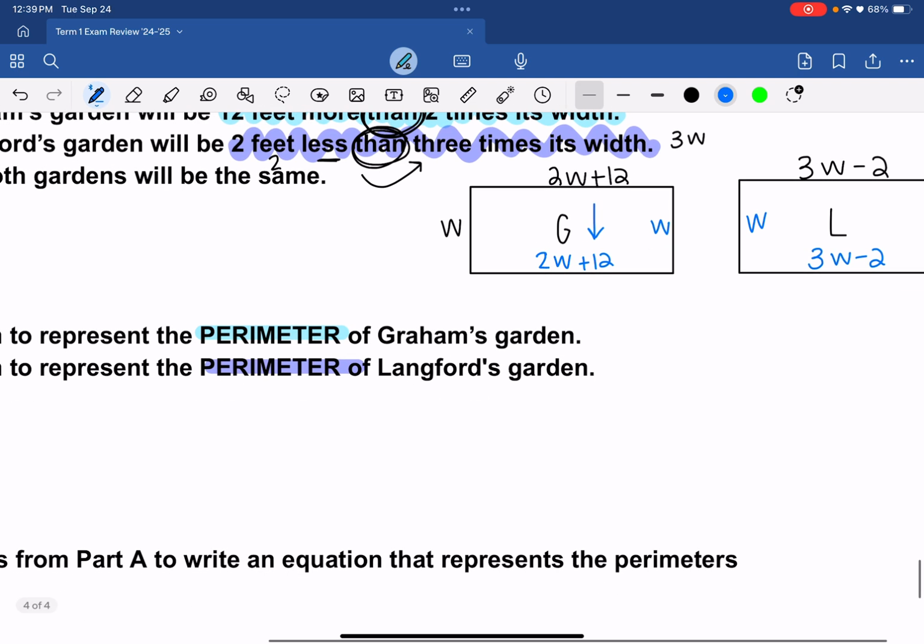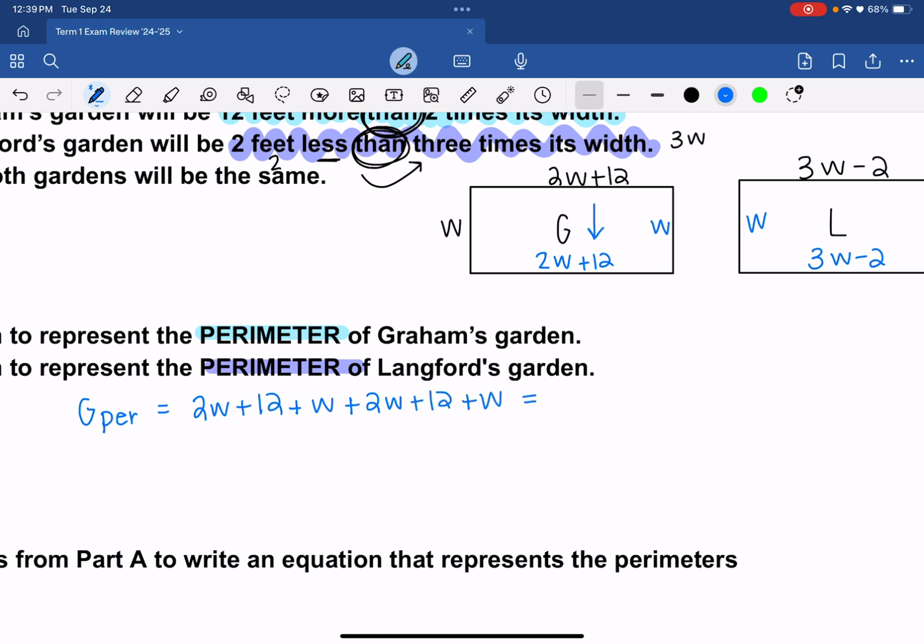So in order to get Graham's perimeter, we would have 2W plus 12 plus W plus 2W plus 12 plus W.